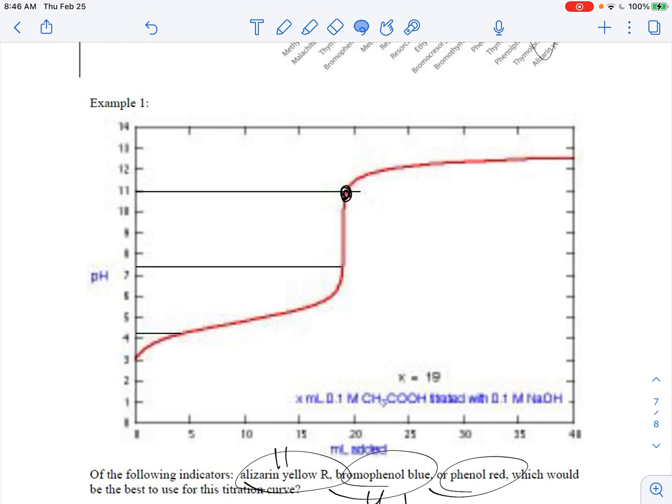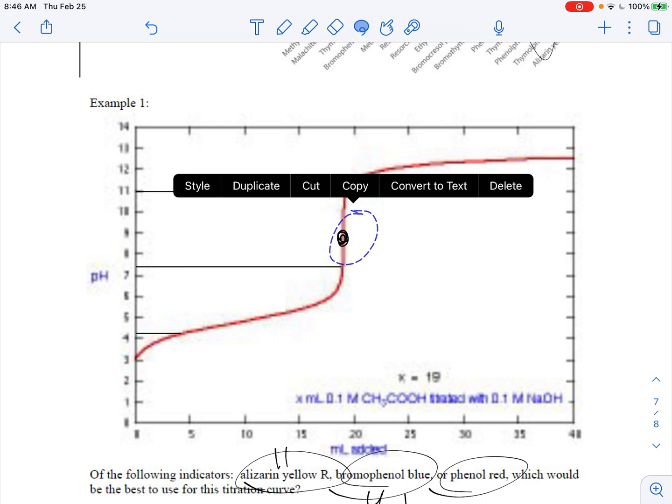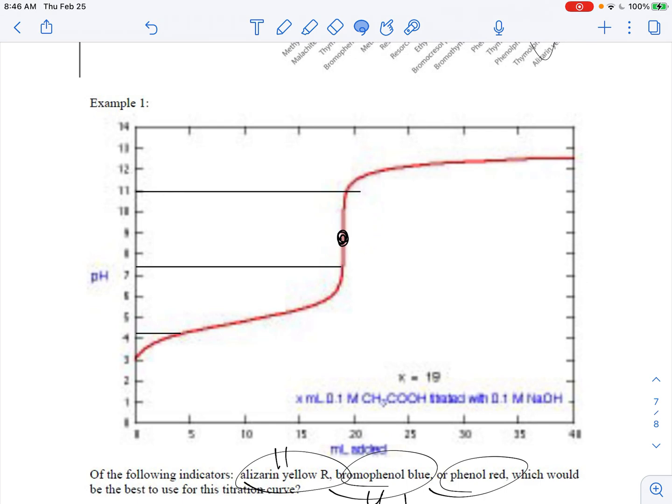Probably your best one is this guy here at the 7.4, because it appears to be the indicator that's going to change closest to the vertical aspect of things. So all you want to do is pick one that is closest to the vertical portion of the inflection point.